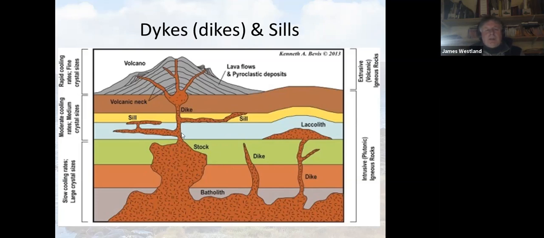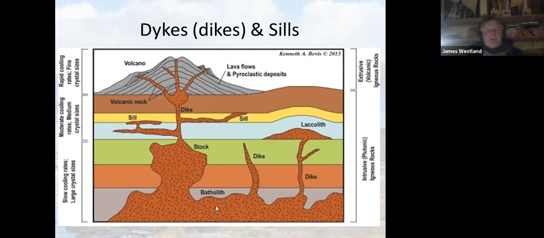These are ones that don't make it to the surface, they solidify under the ground. Extrusive igneous rocks are things like lavas and ash and pyroclastic stuff that comes out of the surface. So if it pours out of a volcano, it's extrusive. If it solidifies underground, it's intrusive. And you can see from here that dikes are the ones that cut across the strata, and sills are the ones that run in between them.